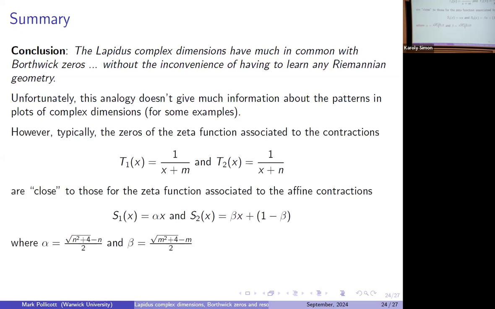What seems to happen is that if you look at these inverse branches of the Gauss map, the ones we were studying, then in fact the zeta function has some similarity to one example of a Cantor set associated to these linear contractions, alpha and beta, because in this case, the alpha and the beta get forced to be chosen to be these particular values.